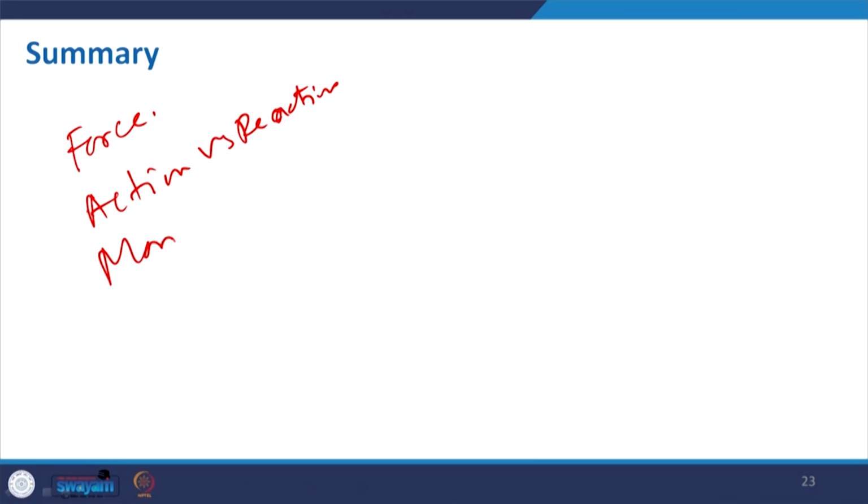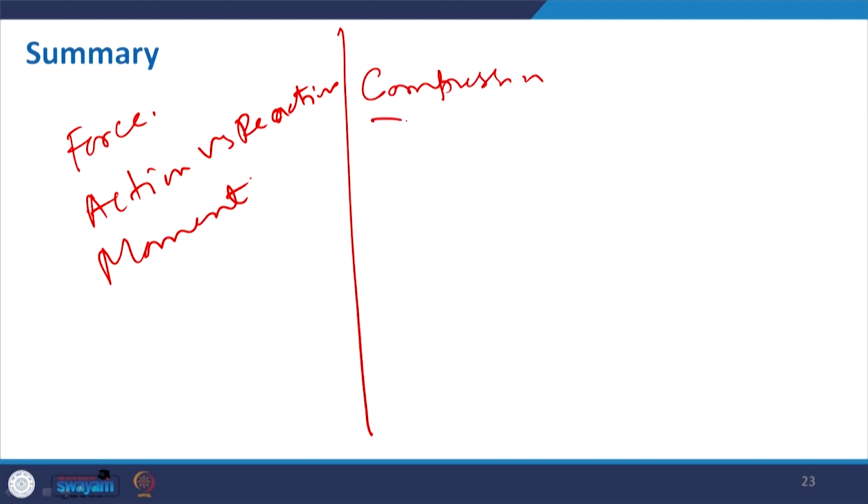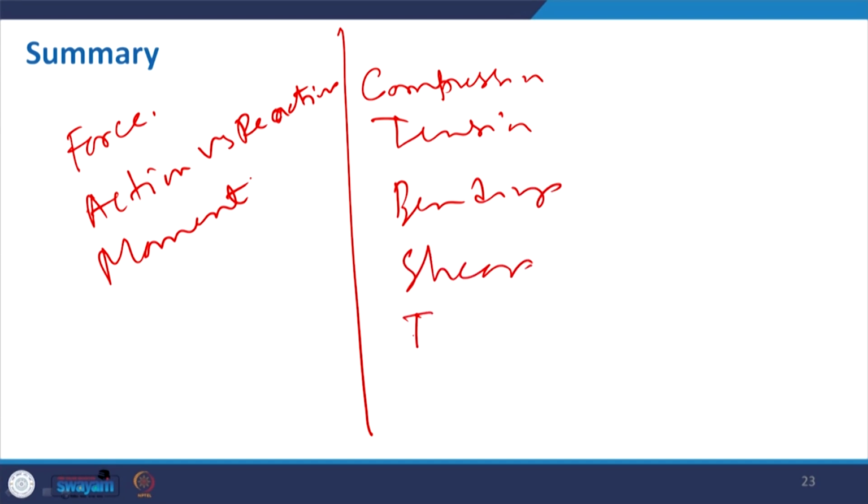So, in this what we have learned: we started with force, then action versus reaction, and we studied that force always acts in pairs and in opposite directions. Then we came to moment and different kinds of results of moment, and along with that we studied compression, then tension, then bending, then shear, and then torsion.